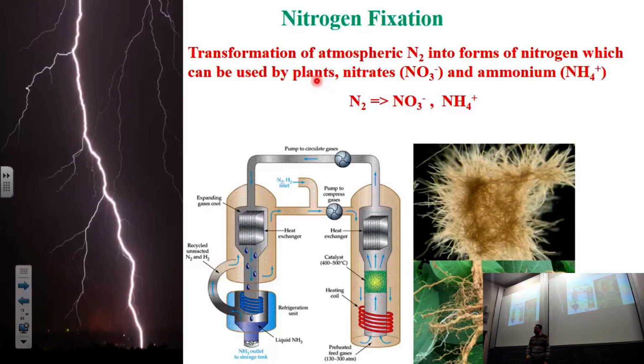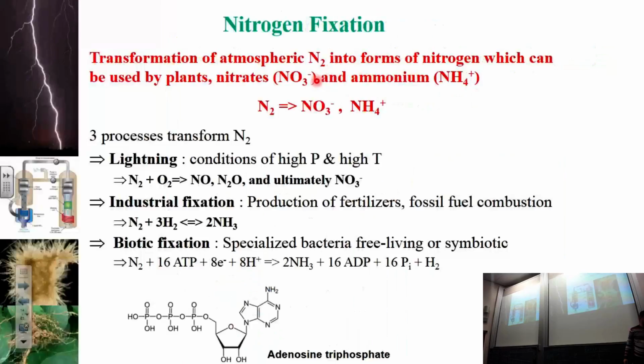So this is a group of organisms, so-called diazotrophs, which can take dissolved nitrogen gas and convert that into ammonia, which can then be useful. But all of these processes require an enormous amount of energy, so either temperature and pressure or an enormous amount of biological energy to do this process.